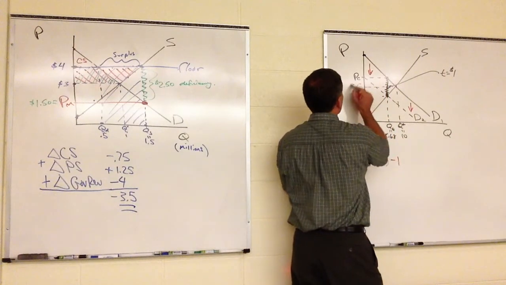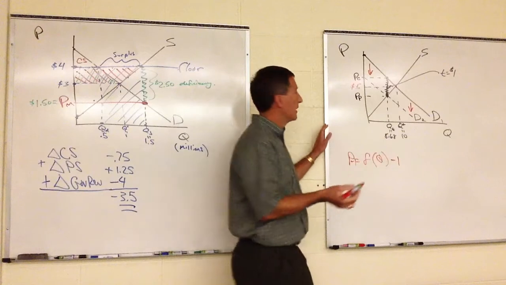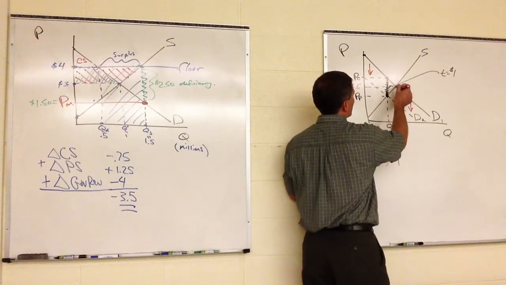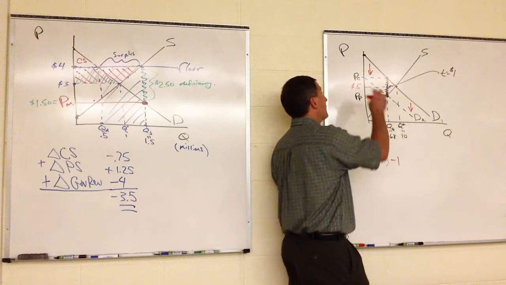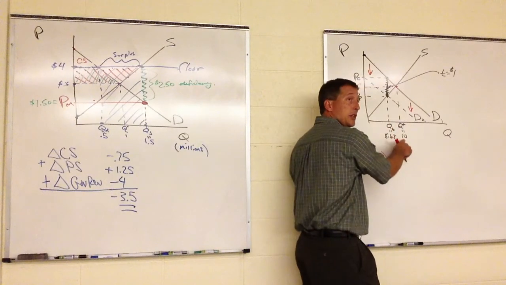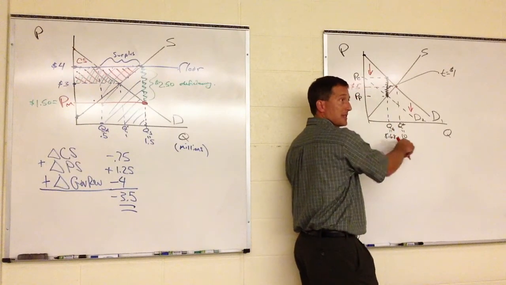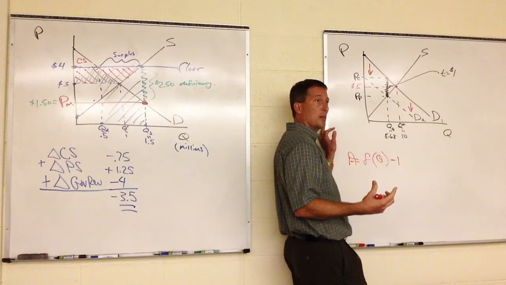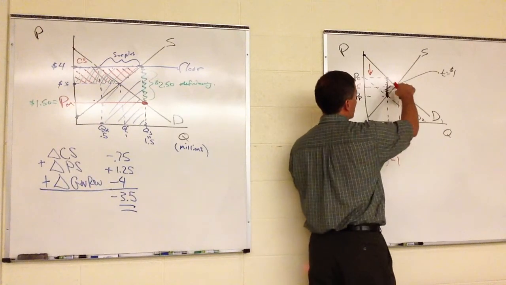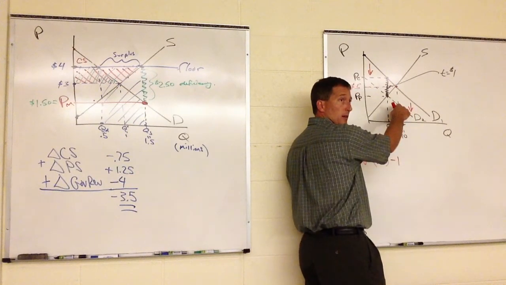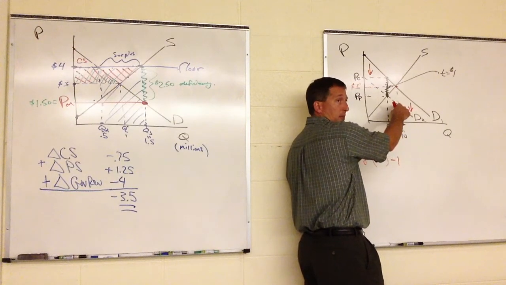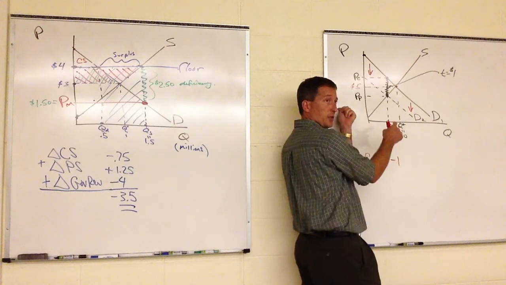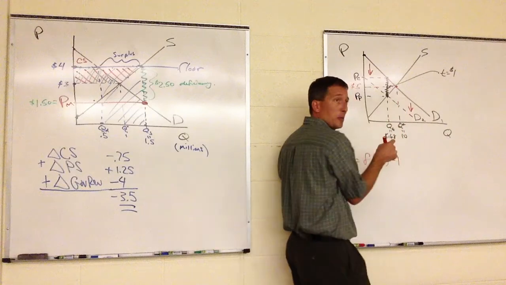Let me just tell you the intuition of it. The consumers used to be willing to pay 5 for 10 units, but now since the government is going to stock them with $1, they're only willing to pay 4. Their net price is 5 still: 4 to the producer, and $1 to the government.